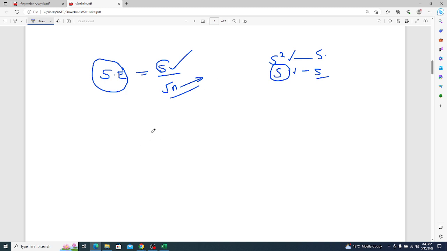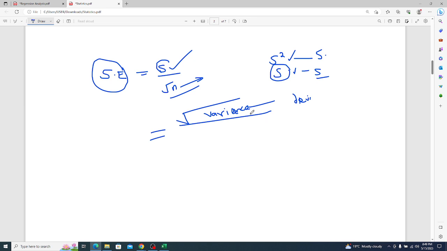So standard error is like the deviation, because under this is variance. Remember variance, we said it is deviation, from the mean.